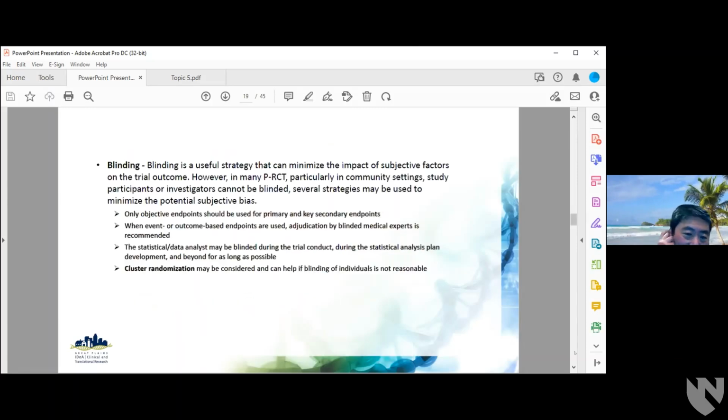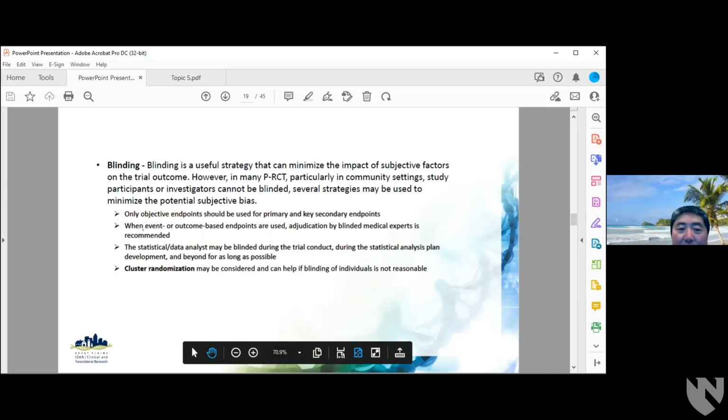So the blinding, how do you do blinding? Sometimes you just cannot do the blinding, right? So it's not absolutely necessary in the pragmatic trial. If the blinding is not possible, then when you determine the endpoint, you have to think about whether to try to avoid using subjective endpoints.